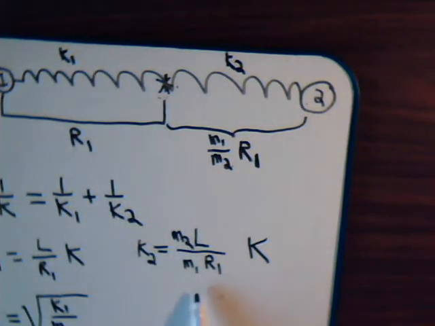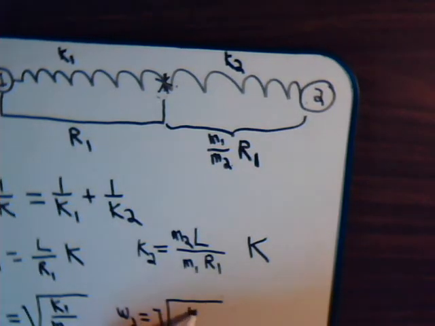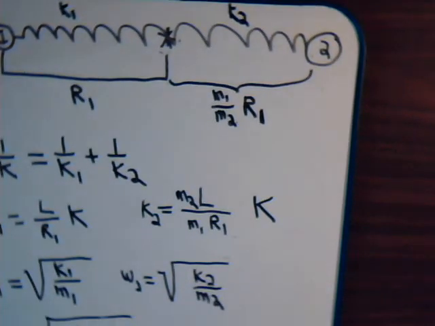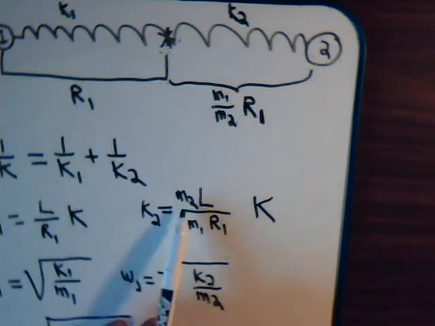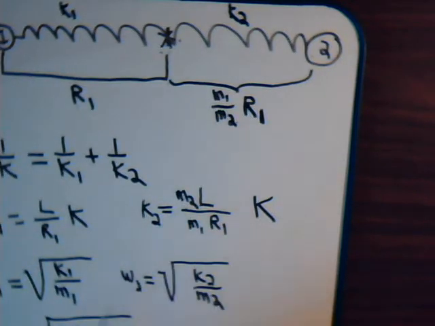So K2 equals this, then of course omega 2 is the square root of K2 divided by M2. Well, if we divide K2 by M2, we're just simply going to take this out of the numerator.